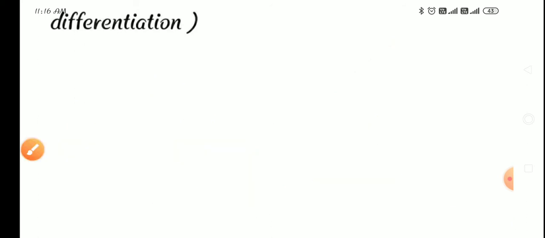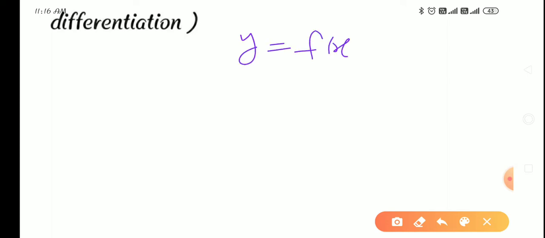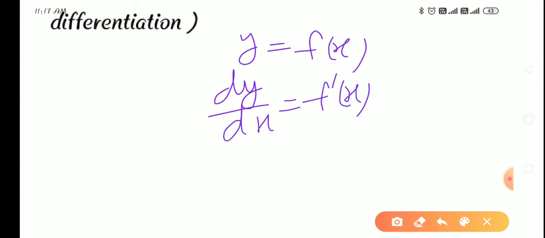Again I am telling you, suppose that y equals f(x) is a differentiable function. You find its derivative dy upon dx, it will be f dash x. Suppose this derivative is also differentiable. Keep in mind, this derivative is also differentiable.